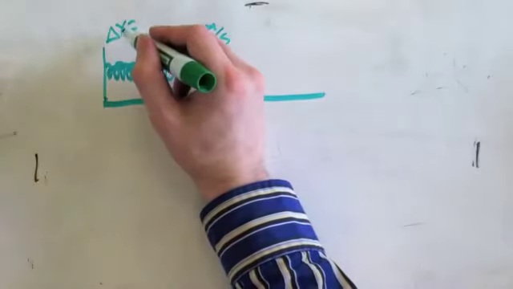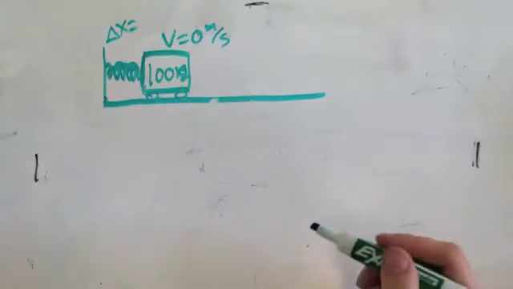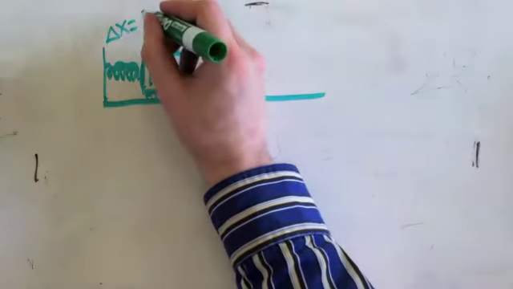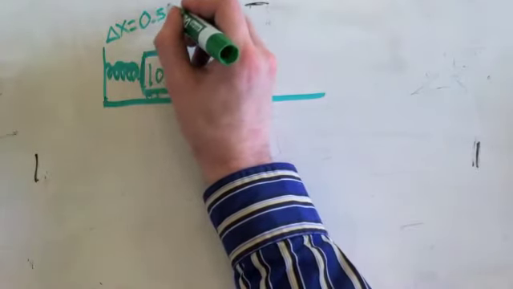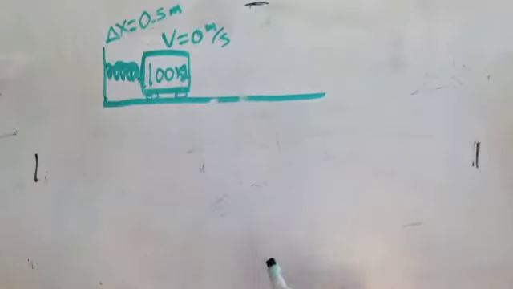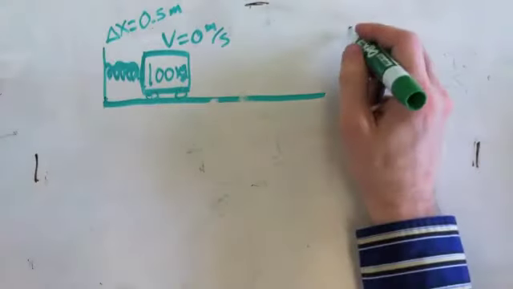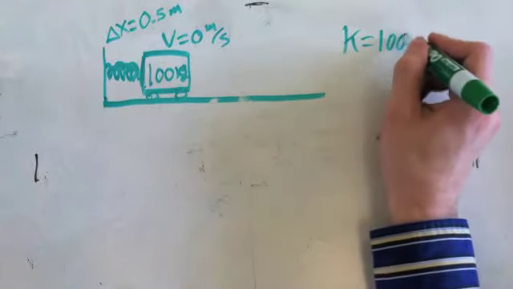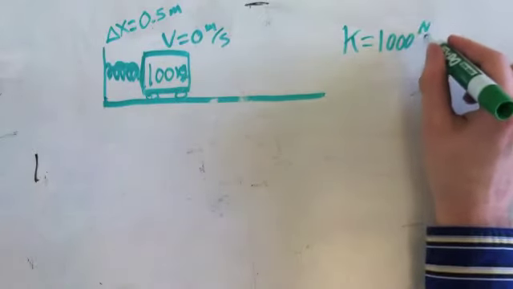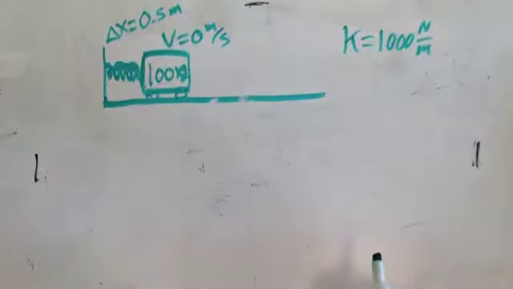So compression, or distance compressed, is delta x. We'll say that it's compressed, I don't know, 0.5 meters. And the k value for the spring is 1,000 newtons per meter.